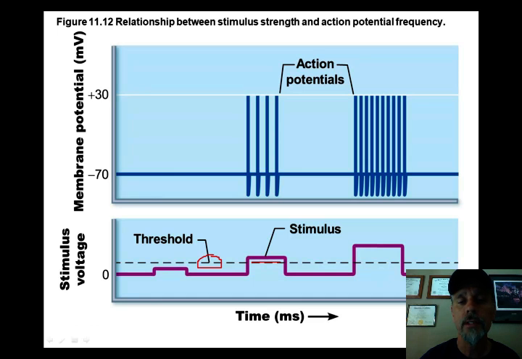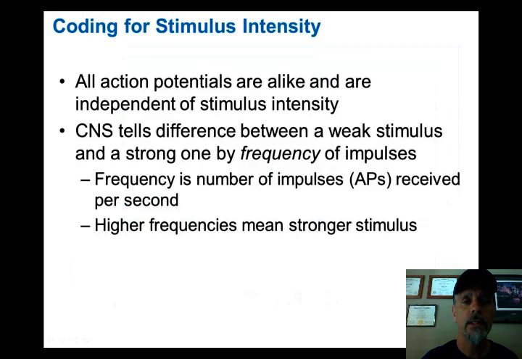And when you see a stronger or longer stimulus, you're going to get more action potentials. But notice those action potentials are the same each and every time. Starts out at -70 up to +30 and down to about -90 or so, and then comes back again. Same thing every time. So we see the frequency changing in the action potentials according to a stronger stimulus. So it's always going to be frequency as opposed to changes in size or amplitude.